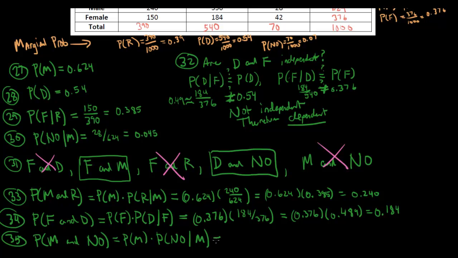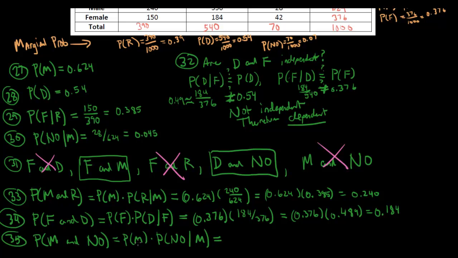Because whether they're dependent or independent, this will give us our answer. If they happen to be independent, we could have saved a few seconds by just multiplying the marginal probabilities. But if they happen to be dependent, like they are going to be, we would get the wrong answer.